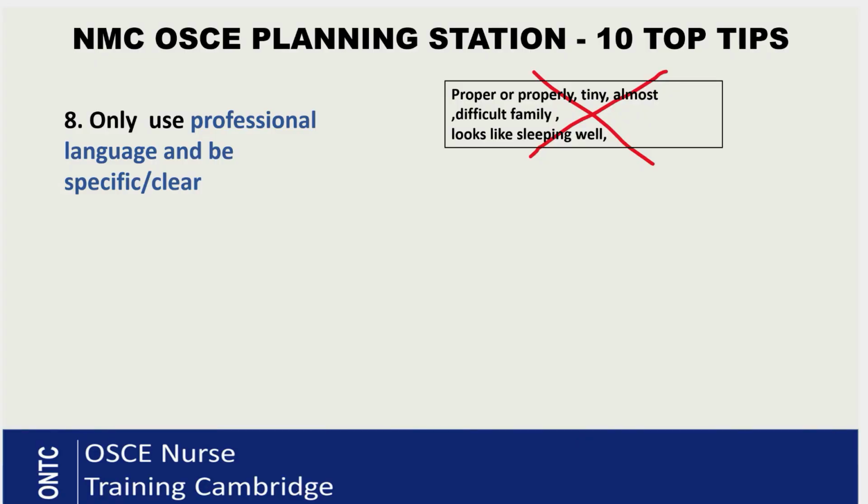Okay, next one, number 8, only use professional language and be specific and clear. Professional language means whatever you write in patient notes has to be professional. Don't use slang words, don't use informal language, that's not right. I see lots sometimes written in care plans, proper or properly, for example, I will teach proper technique for hand hygiene to my patient.